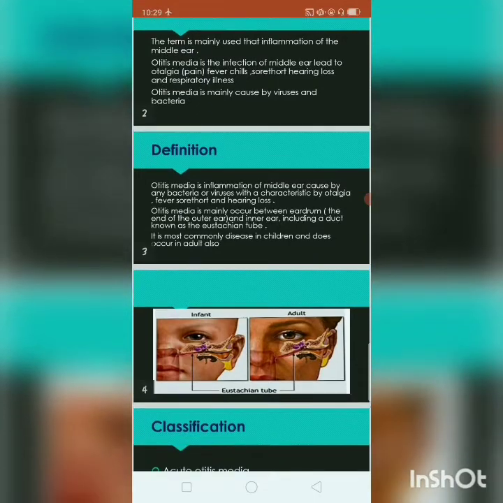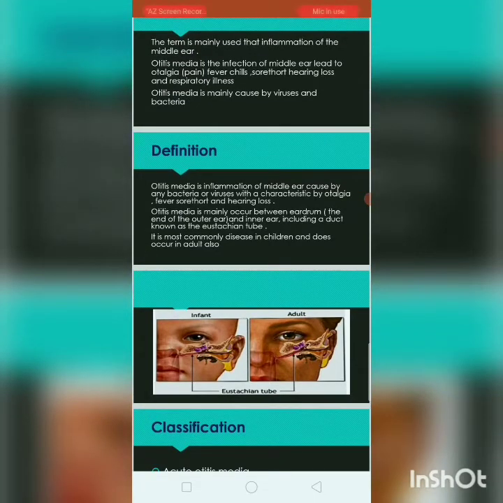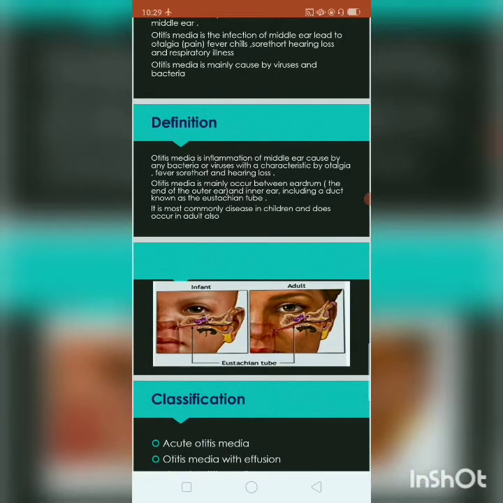So in this disease condition, the eustachian tube acts as a main role. Next, it is the most common disease in children, and does occur in adults also.